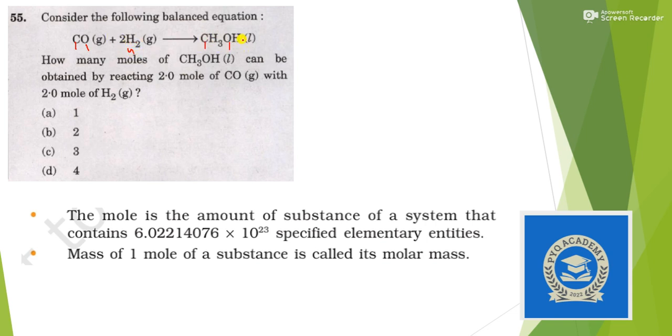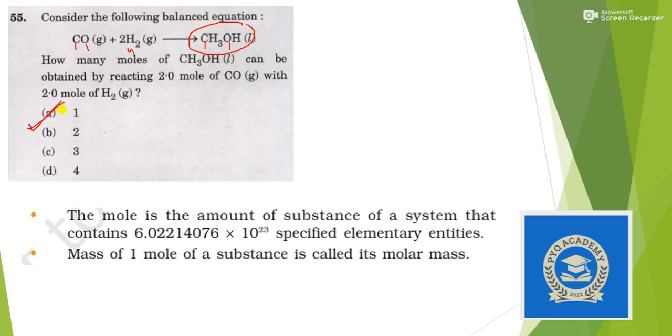Since it is balanced, the question asks how many moles of CH3COH. You can simply see that only 1 mole of CH3COH, that means methanol, will be formed. So the answer here should be option A.